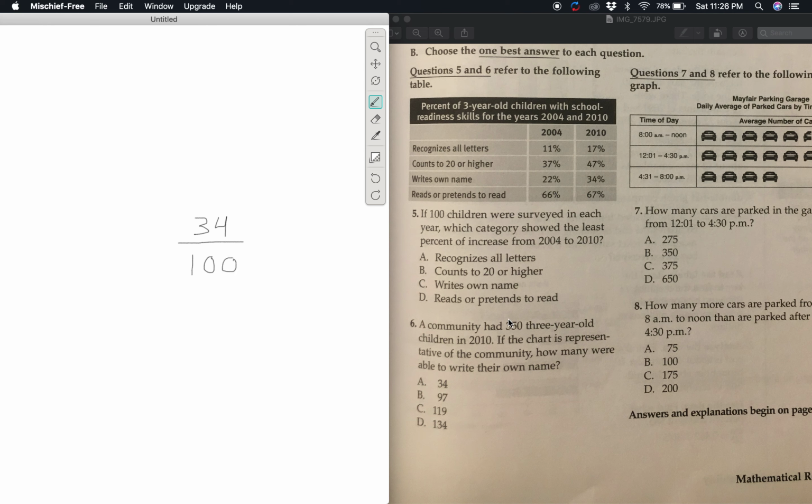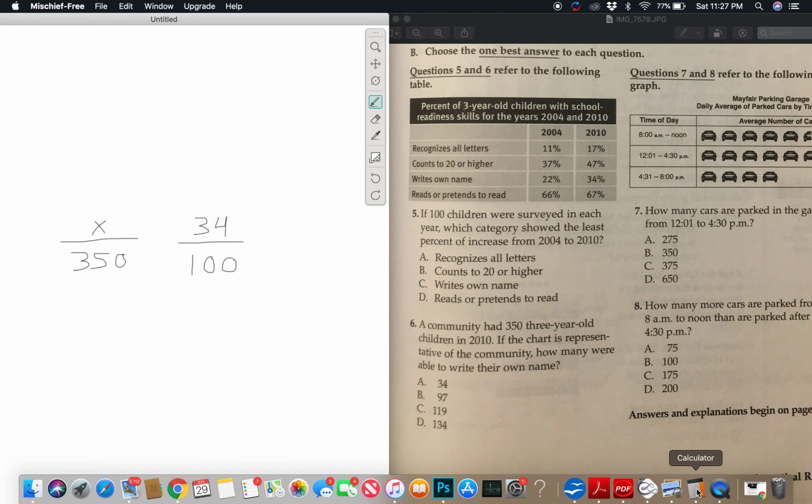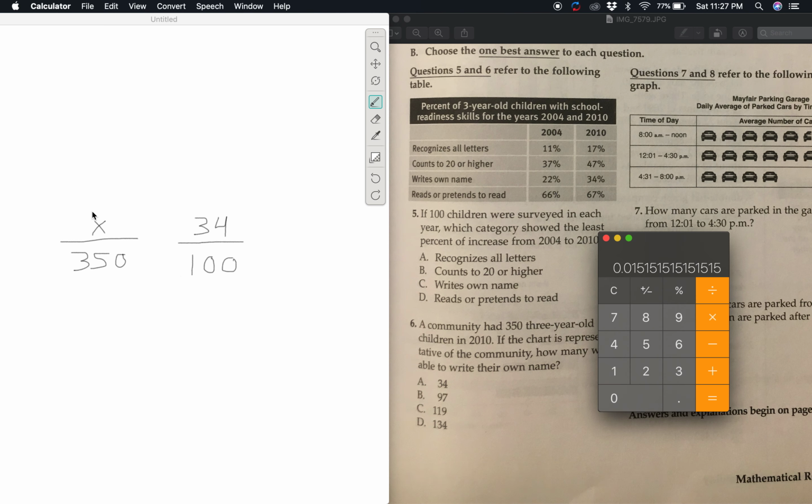So we put equivalents like this: 350 is equivalent to 100. Now, what number is equivalent to 34%? We multiply diagonally and then divide horizontally, always diagonally towards the side with the missing variable.